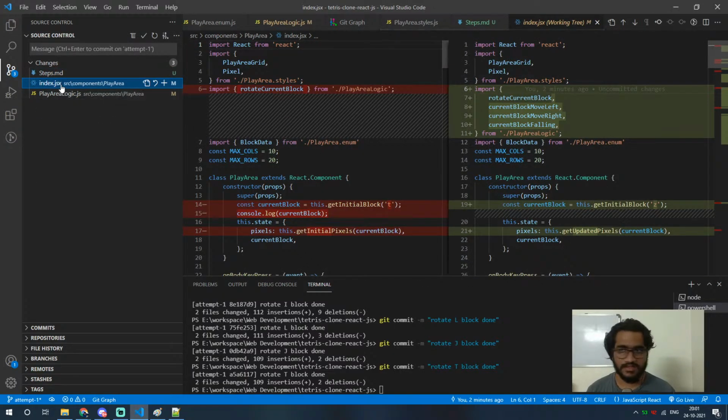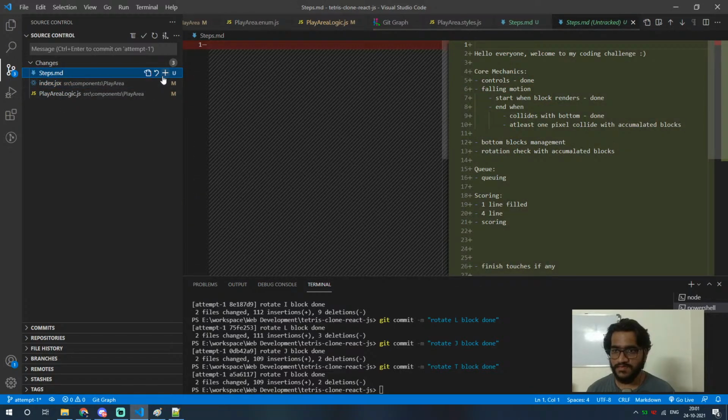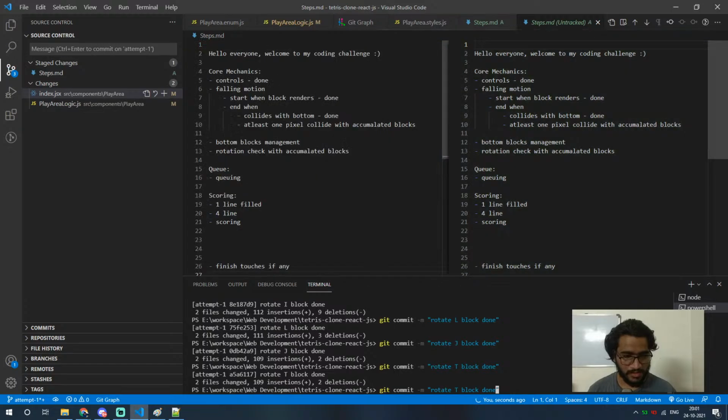Let me just commit this one first. Remember, after each stable state we commit, so that if we mess up something, we always have a stable state to start again.